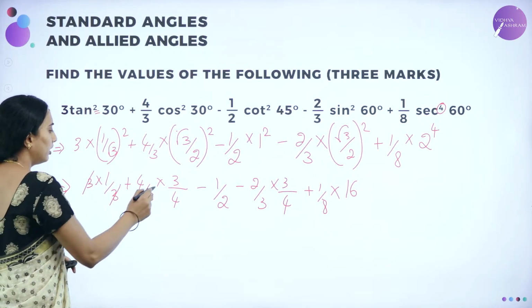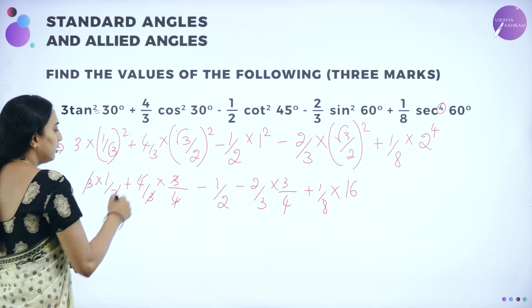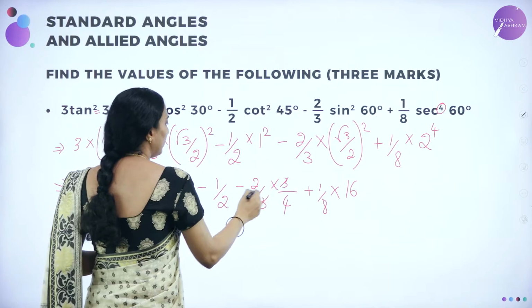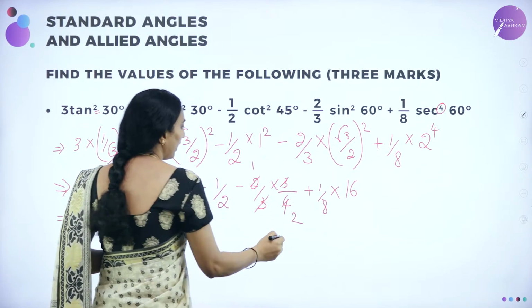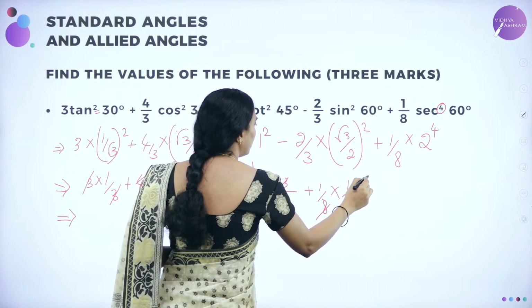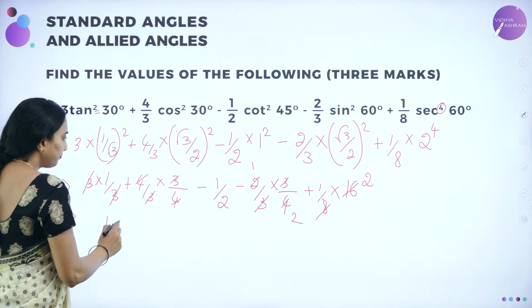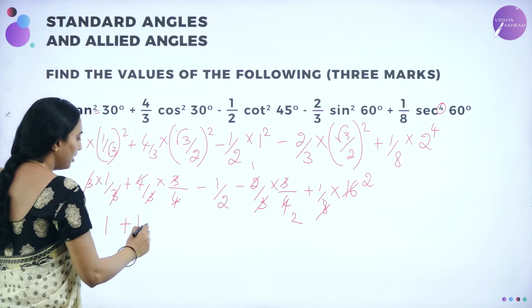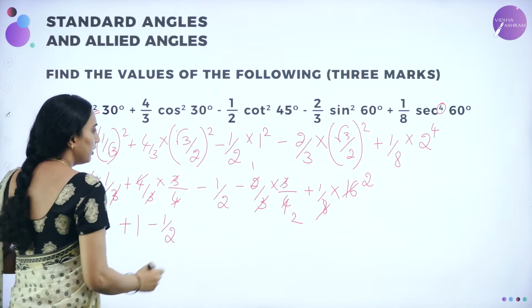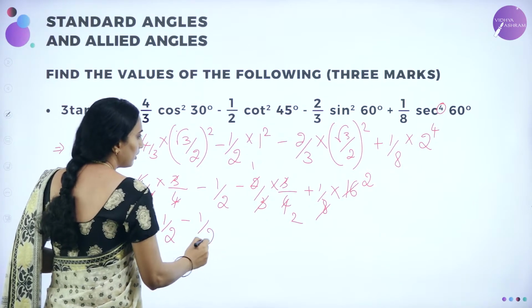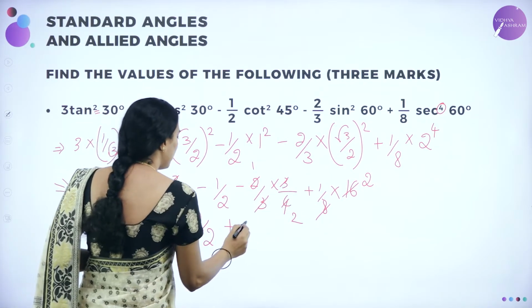3 will go here, 3 by 4; 4 by 3 will go again here; minus 1 by 2; 3 will go, 2 1s are 2, 2 2s are 4, and 8 1s are 8, 2 8s are 16. So the answer: remaining 1 here plus 1 here, minus 1 by 2 here, again minus 1 by 2, plus here having 2.